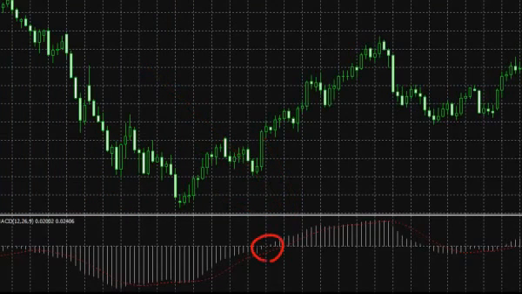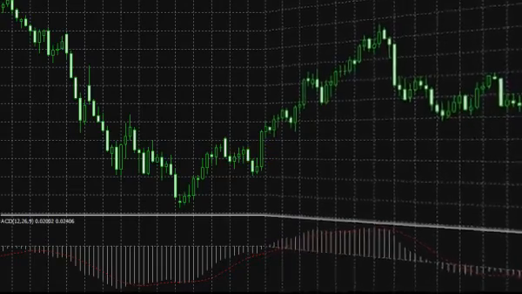In such a way, the histogram crossing of the zero level gives the trader a signal about the forces balance changing on the market. The histogram transition from a negative zone can signal that the bearish, that means downgoing trend is over and the bullish one, in other words upgoing trend, gathers pace.